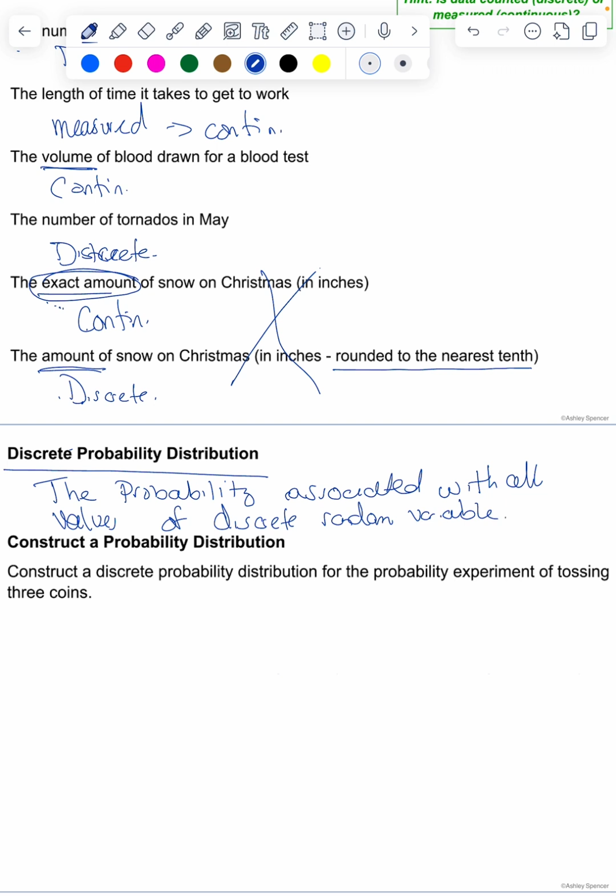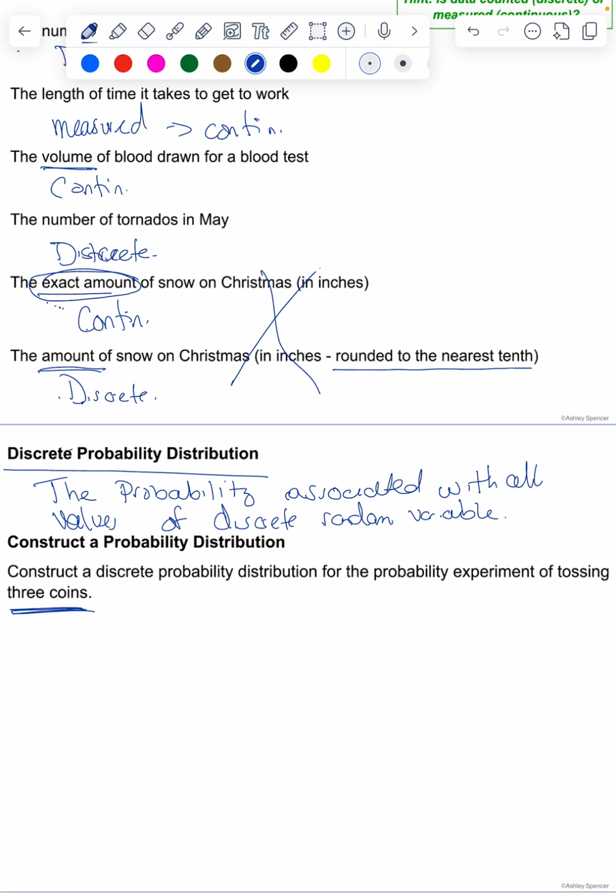So it's performing the experiment using random variables and getting their probability. So let's construct a discrete probability distribution for the probability experiment of tossing those 3 coins that we talked about earlier.